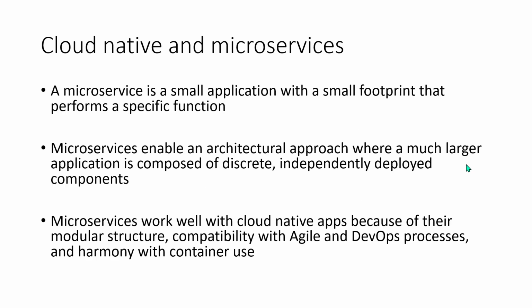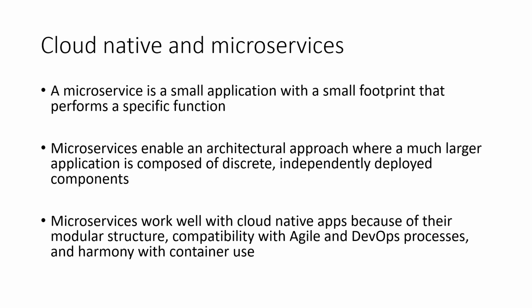Moving on to the next one, comparing cloud native and microservices. A microservice is a small application with a small footprint that performs a specific function. Microservices enable an architectural approach where a much larger application is composed of discrete, independently deployable components.